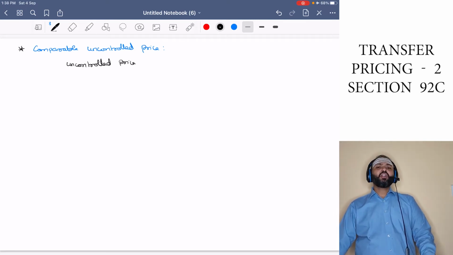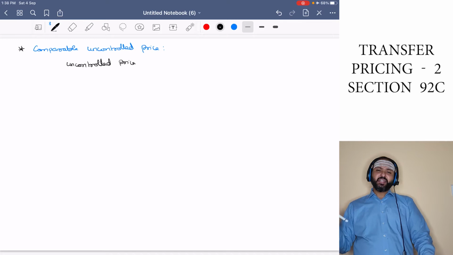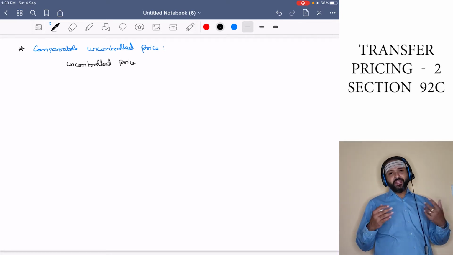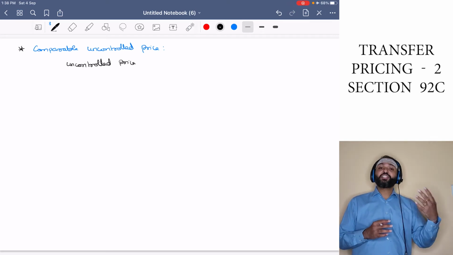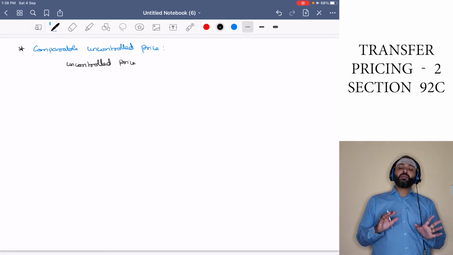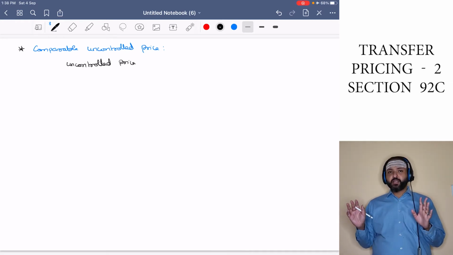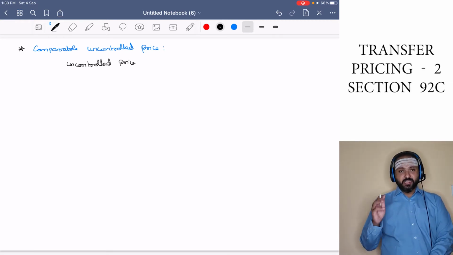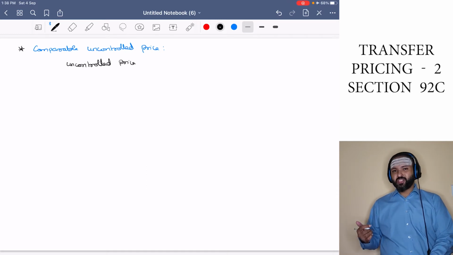Now, not always can we say that 2 transactions are the same. Sometimes there might be some adjustments between 2 different parties which will not be exactly the same for the other party. Let us understand how and when we come to those adjustments.